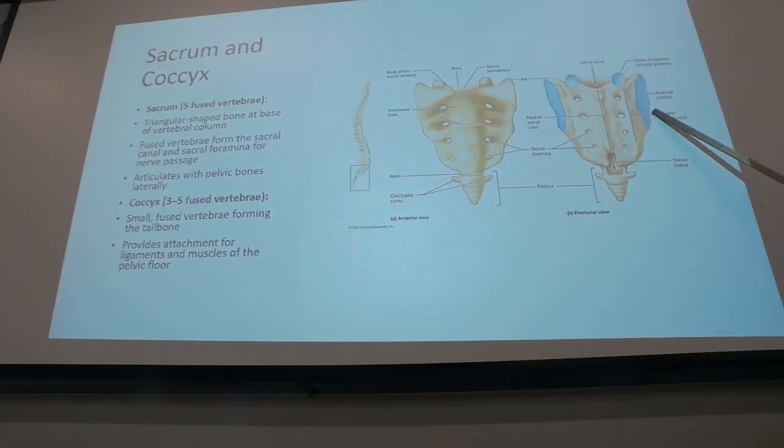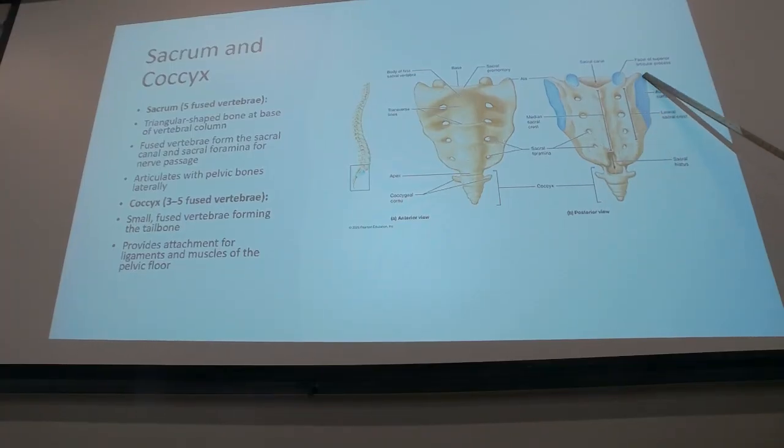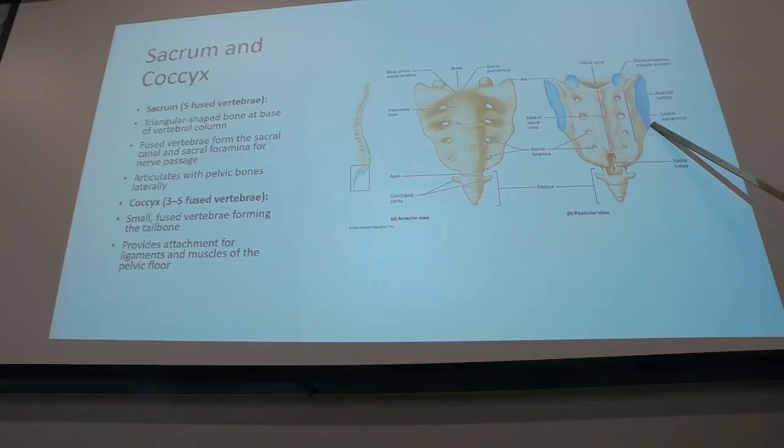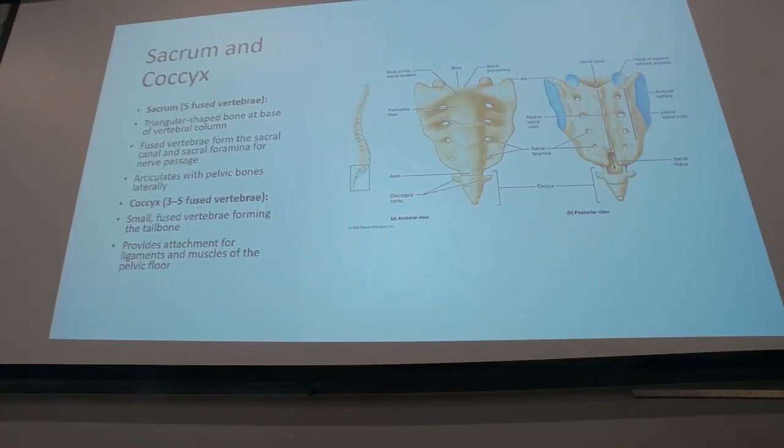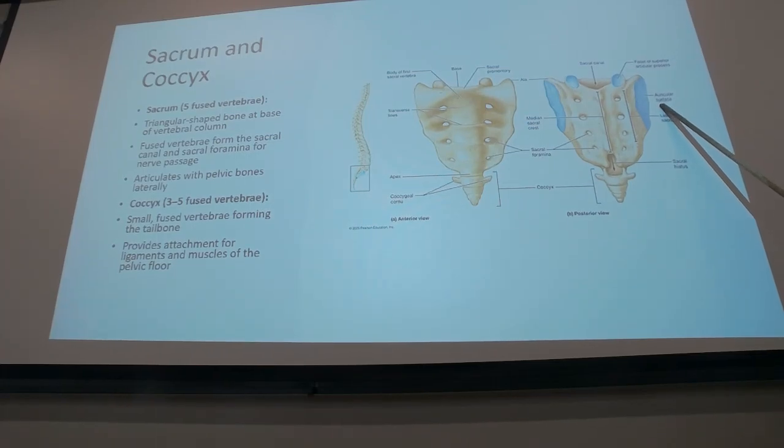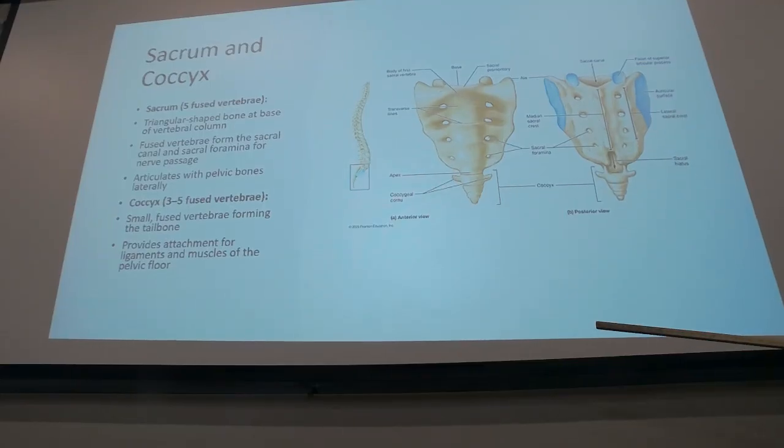And now, on the side of these lateral processes, we have this articular surface that is called the auricular surface. This auricular surface articulates with the iliac bone, part of the coxal, forming the SIJ, sacroiliac joint.